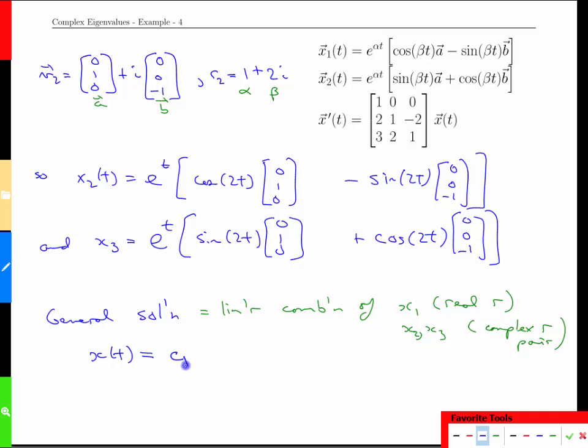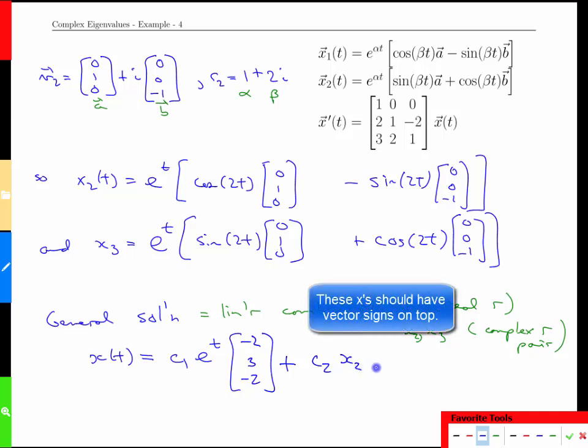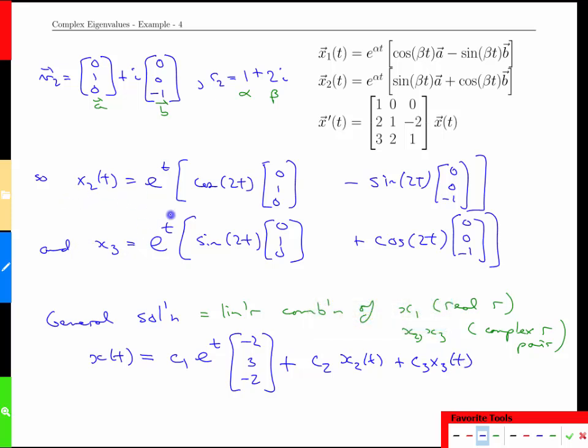So it'll be c1 e to the 1t, e to the rt, times the eigenvector that went with that, negative 2, 3, negative 2, plus c2 times x2, plus c3 times x3 of t. And where x2 and x3 are the solutions we've written out here. And that's our general solution.